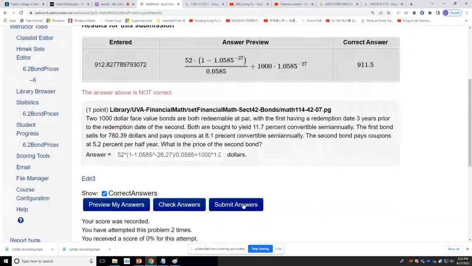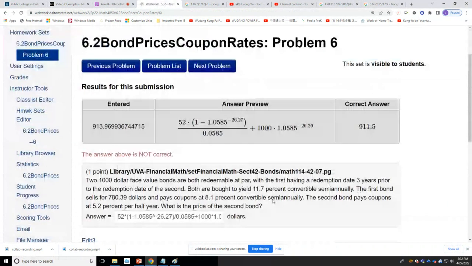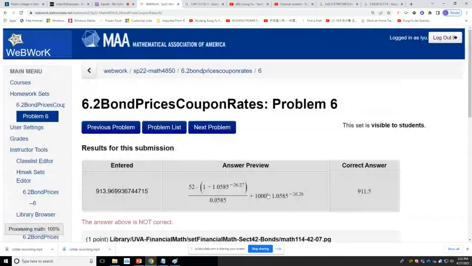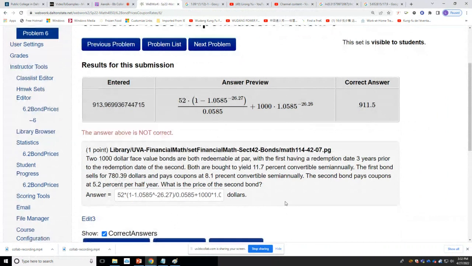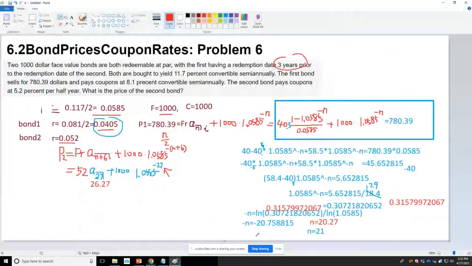All right, so let's update our solution with a more accurate n. It actually went higher. So that's not the reason. 21 plus 6 is 27.